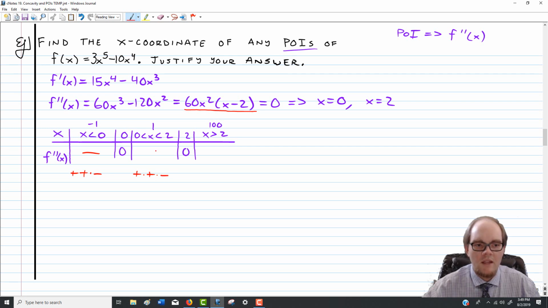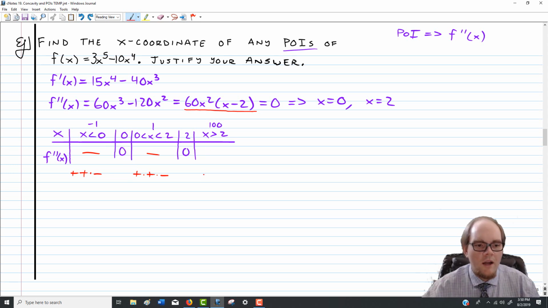So in this case, we get positive times negative, which is negative, which means we didn't actually change concavity at x equals 0. You would have thought we would. Everything else had that marker. But because of that even power, what we would call that bounce in the second derivative, the second derivative stays the same sign. So it turns out that there's not a point of inflection at x equals 0.